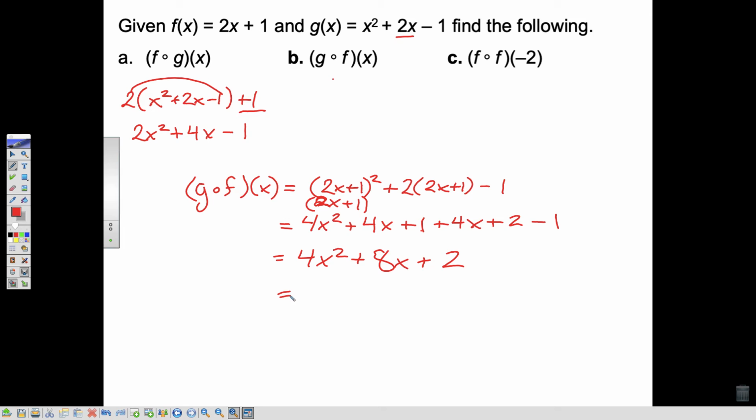Because you have to take 2x times 2x, which would be 4x squared. X times x is x squared. So wait, when you take the 2x plus 1 squared, you get 4x squared plus 1. No, you get 4x squared plus 4x plus 1. You have to FOIL these two. Oh, or you make a big no-no like me. Don't do that.